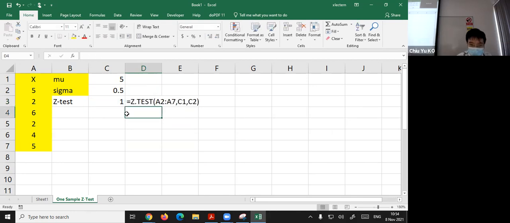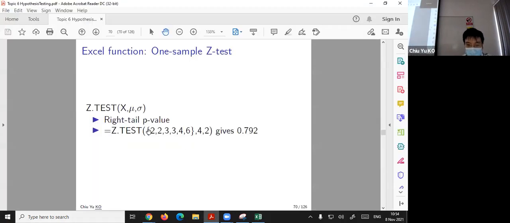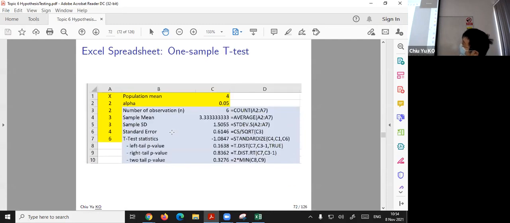So this is exactly the right tail test for one sample. We did that last class already. Remember, this is the right tail p-value. We did it last time.